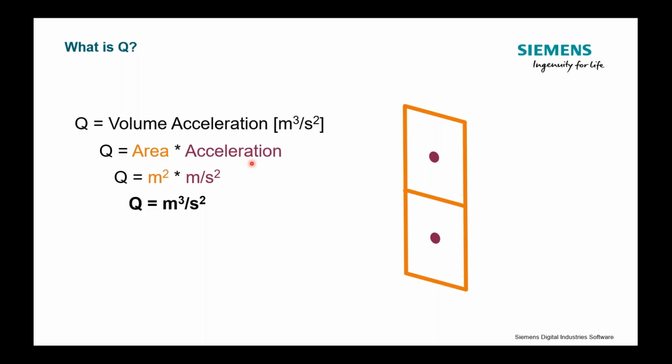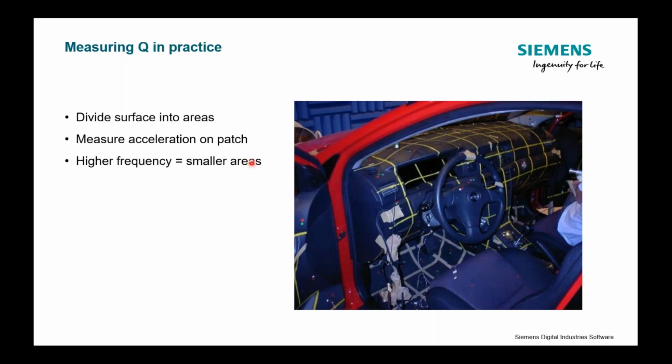So if I have a surface that is generating noise, and I want to understand where on that surface most of the noise is coming from, or I want to break it down into its different components, I can break that surface down into these smaller areas, and then measure an acceleration with an accelerometer at the center of each of those patches.